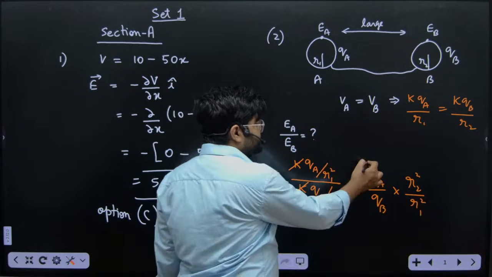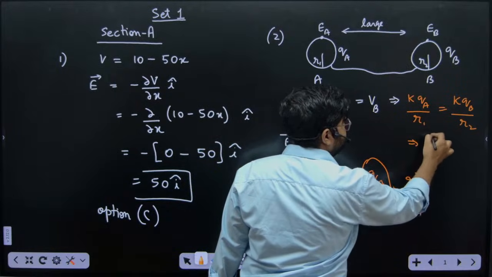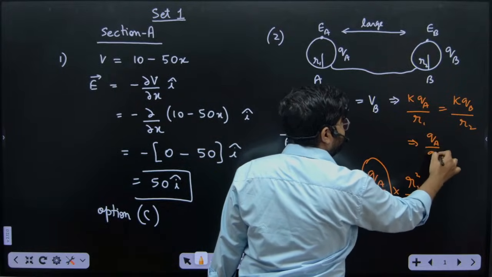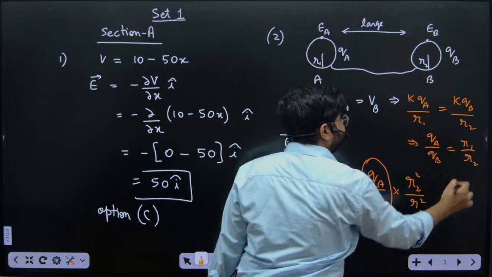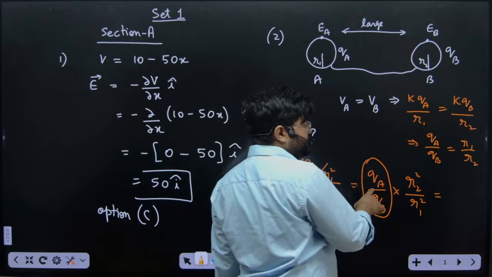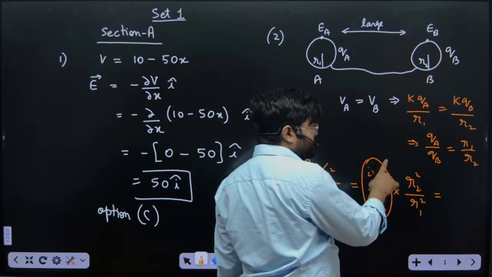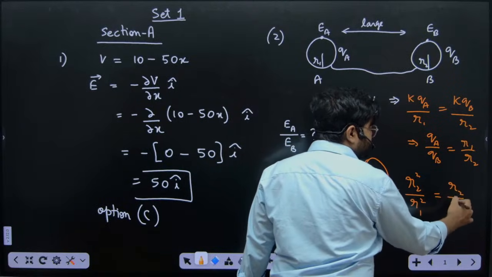Now QA by QB can be written from here as R1 by R2. If we substitute that, the answer is going to come as R2 by R1.